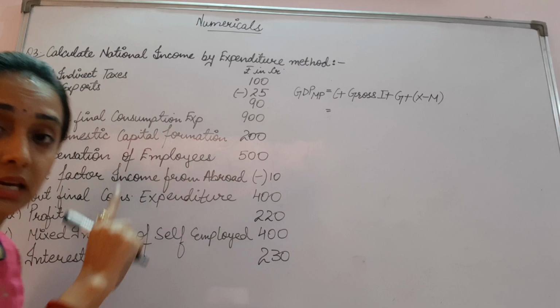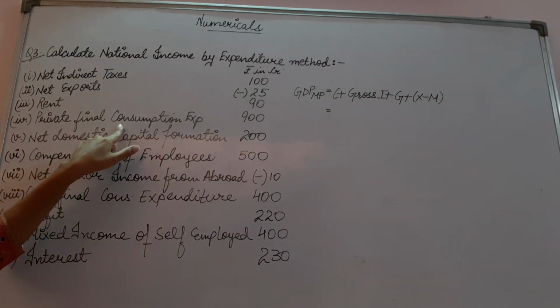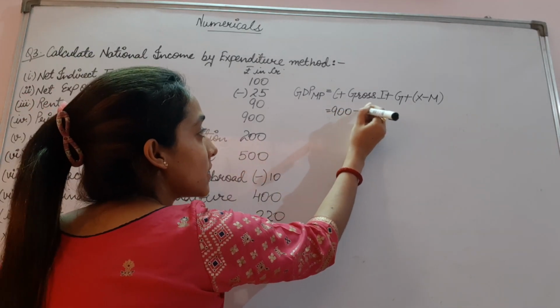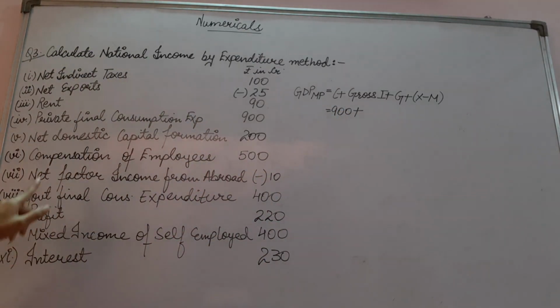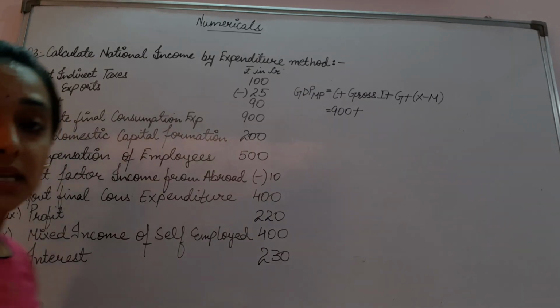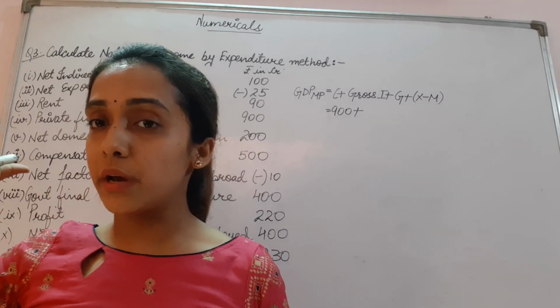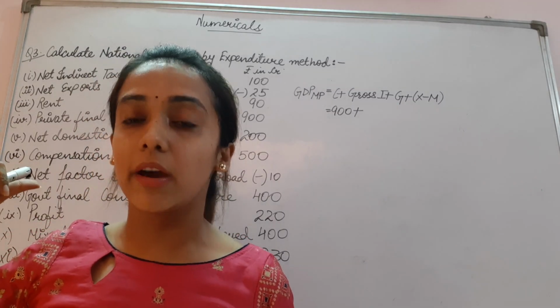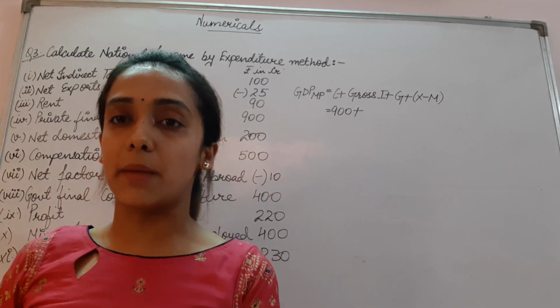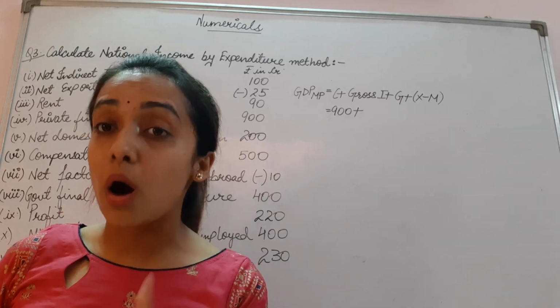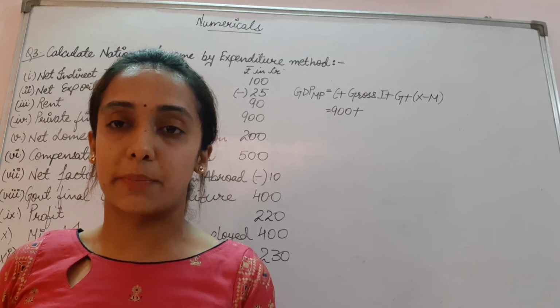Now what is C given in the question? Private final consumption expenditure, 900, plus gross I. But what is gross I? Gross domestic capital formation. But here in the question we are given net domestic capital formation, and we need gross domestic capital formation.